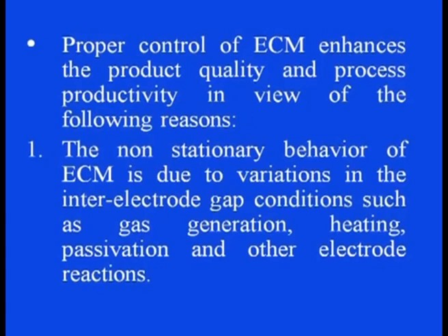Proper control of electrochemical machining enhances the product quality and process productivity in view of the following reasons. Number 1, the non-stationary behavior of ECM is due to variations in the inter-electrode gap conditions such as gas generation, heating, passivation, as we have just now discussed, and other electrode reactions.